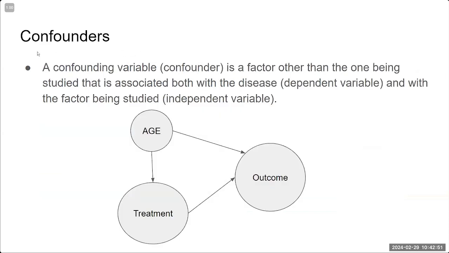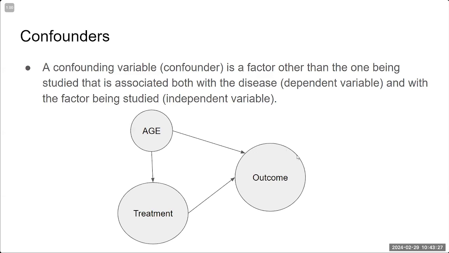So here comes another jargon for that, that is confounder. A confounder or a confounding variable is a factor that is associated with both the dependent variable and the independent variable. For example, here the outcome is whether the patient is cured or not. Age is a confounder here that we have to consider, and it is related to the outcome and also to the treatment that we give.